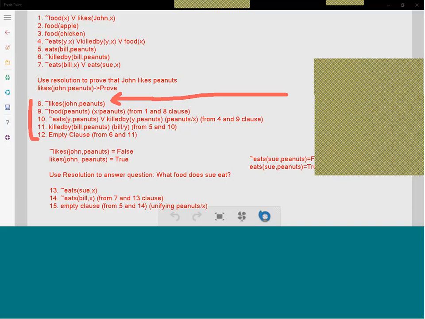Okay, so now I think it is understandable. You can see negate is Q peanuts that we have assumed, and we are getting this empty clause after resolution, but we can also derive the x value, and x value is the peanuts value.